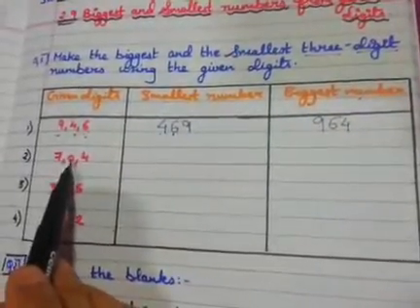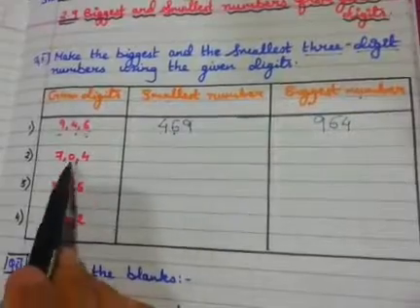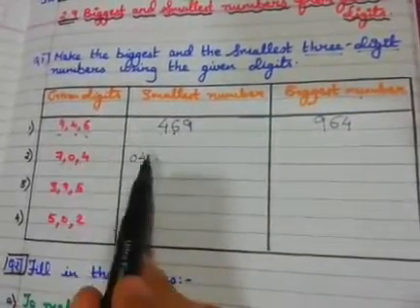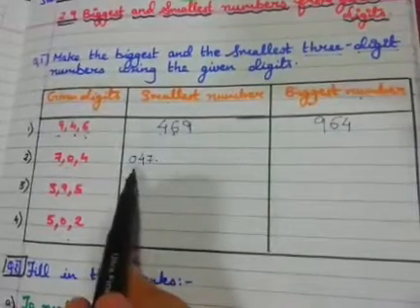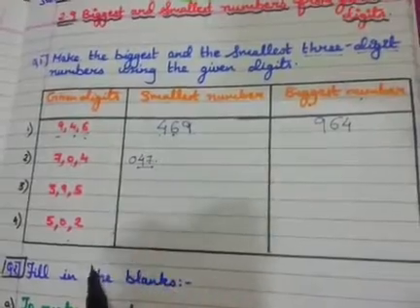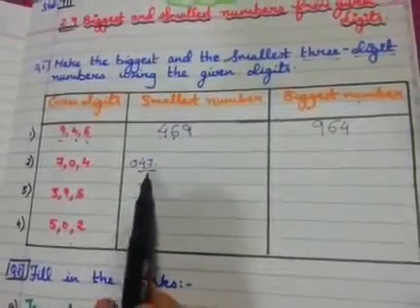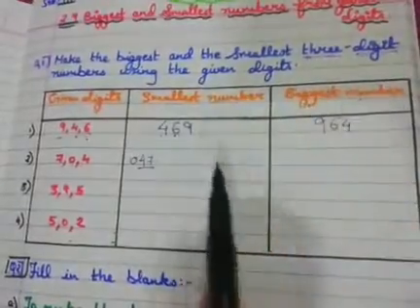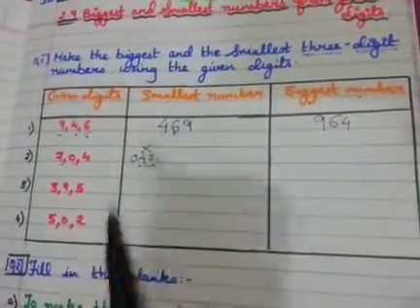Next, 704, smallest. Smallest is 0. Then we have 4 and then 7. Now children, if you will read this number 047, which is a 2-digit number, and we want 3-digit number. So this is wrong.